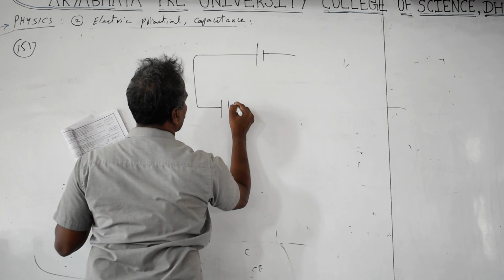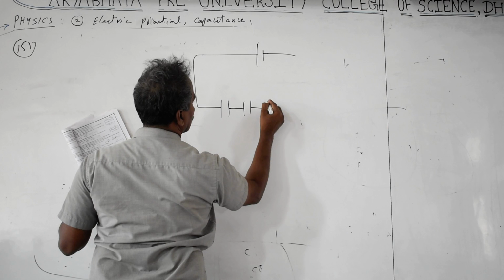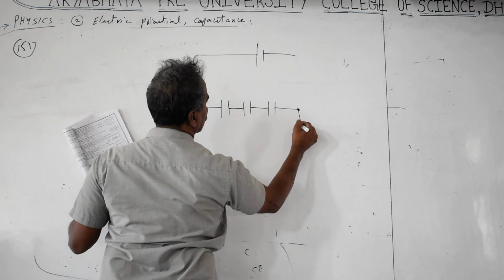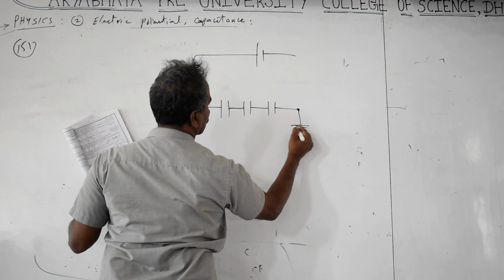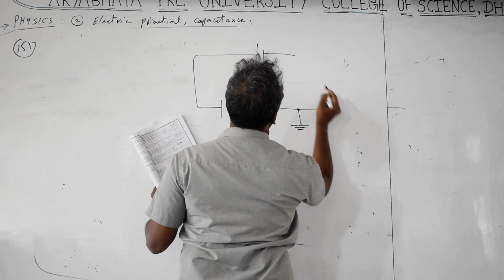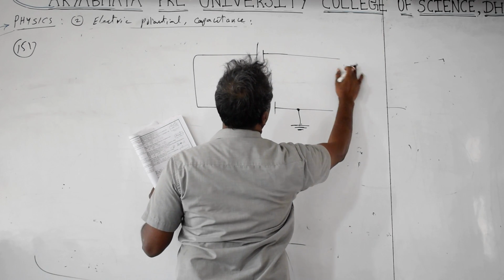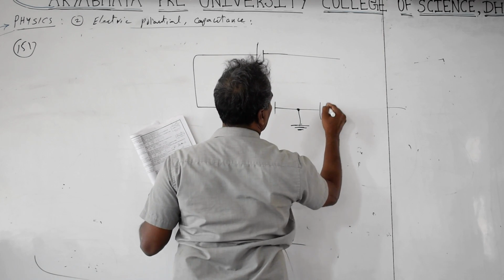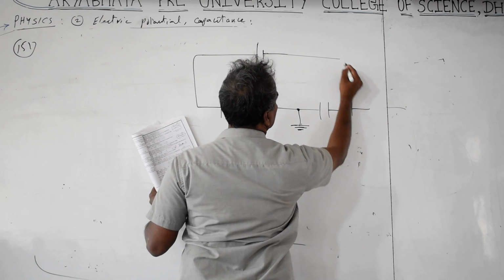This side 3 capacitors and connected to earth. Earth potential is always 0, and this side we have 2 capacitors.